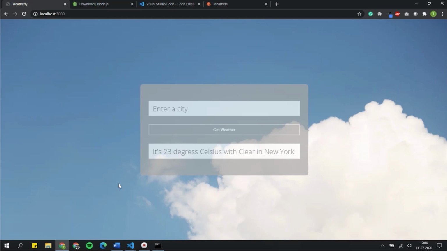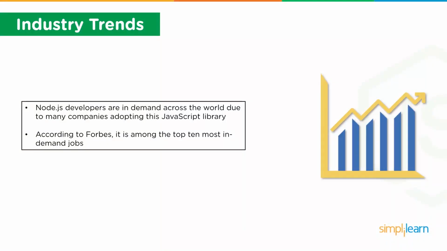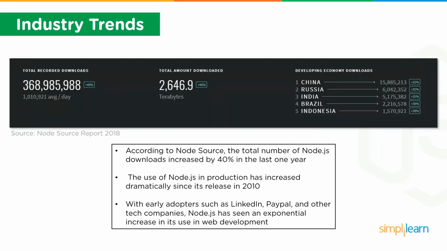And that's our demo. So finally, let's look at some of the industry trends and why you'd want to learn Node.js. So there are some really key things. One of them is that JavaScript simply is an extremely popular and highly in demand scripting language. Node.js is in the top 10 most in demand jobs worldwide.